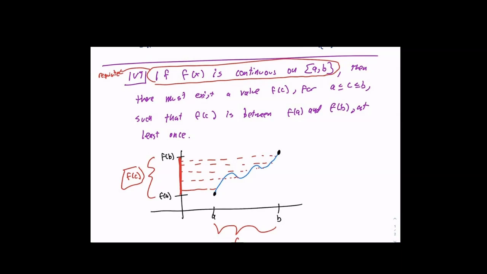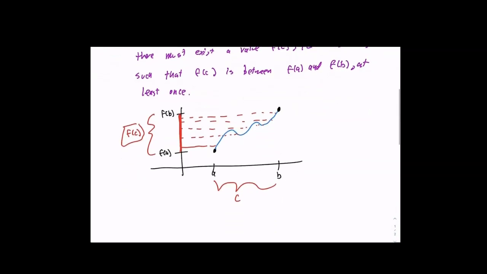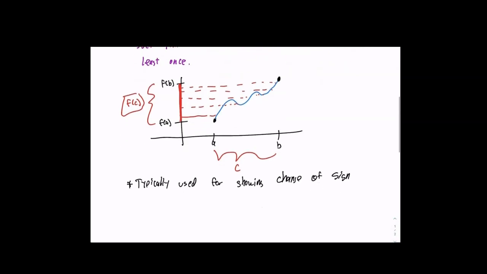Now, traditionally, it's typically used for showing a change of sign as a proof for a given function.